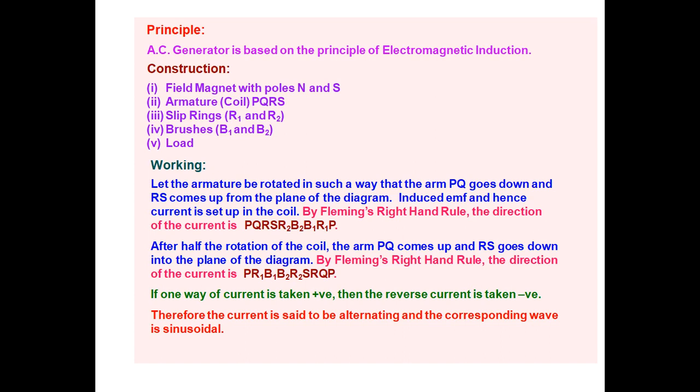Then it moves along PQ, RS, R2B2, B1, R1P. And after half rotation it moves along P R1 B1 B2 R2 S R Q P. So if one direction of current is taken as positive, the reverse is taken as negative. Therefore the current is said to be alternating and the corresponding wave is sinusoidal.